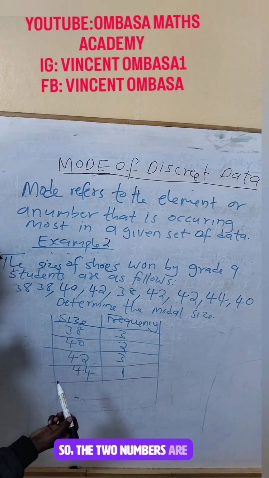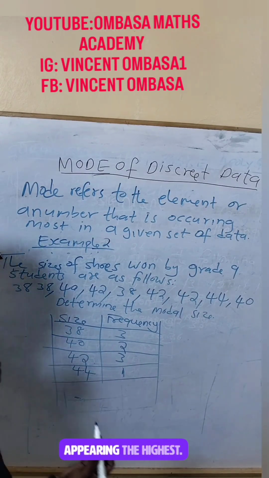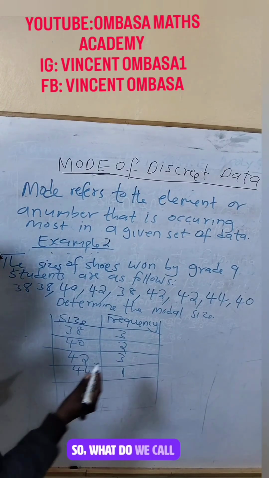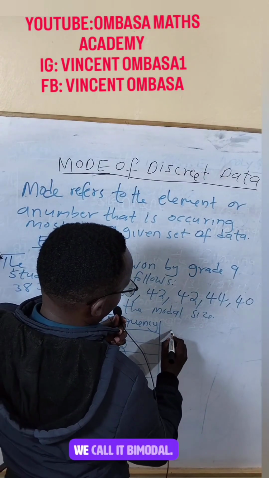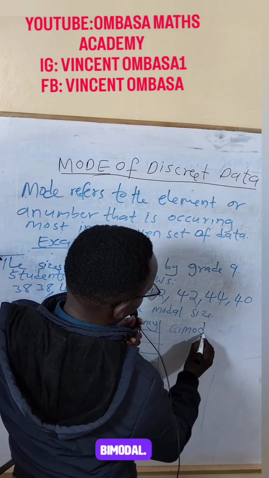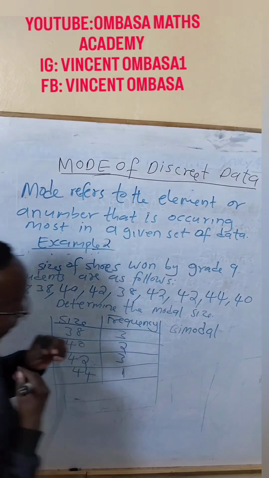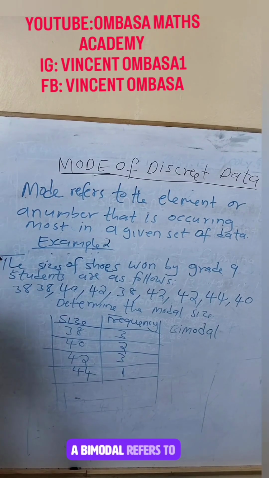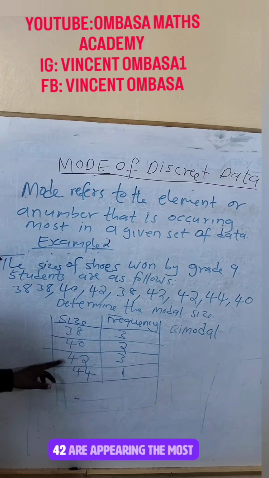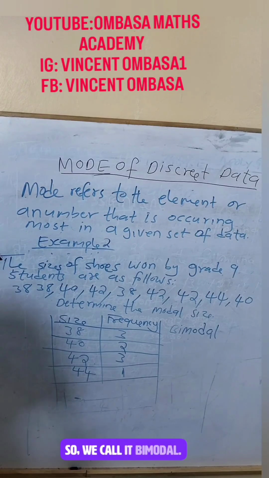So the two numbers are appearing the highest. So what do we call that? We call it bimodal. A bimodal refers to where two numbers are occurring the most. Now in this case, 38 and 42 are appearing the most in this data, so we call it bimodal.